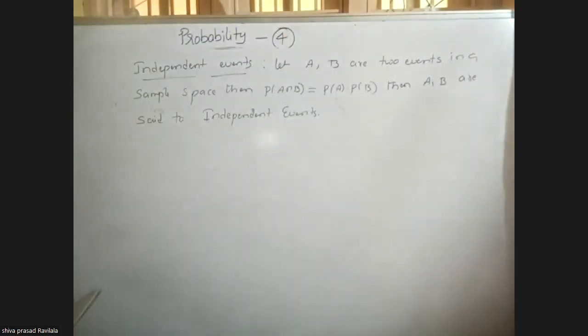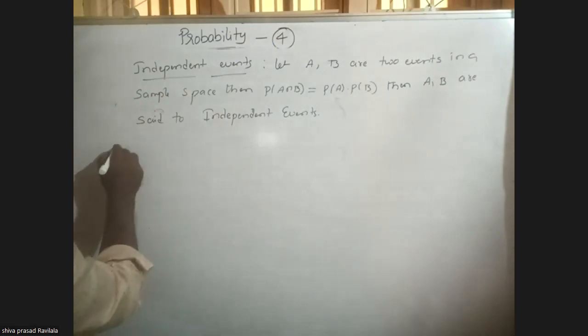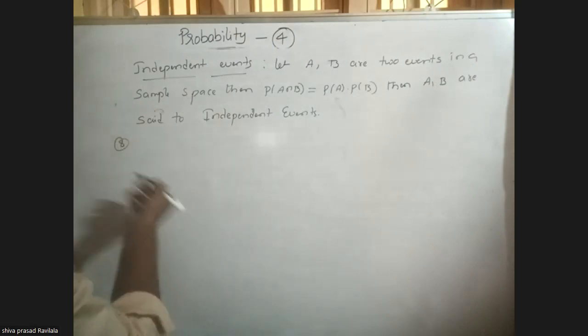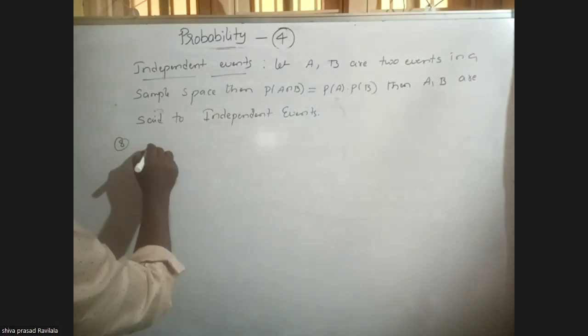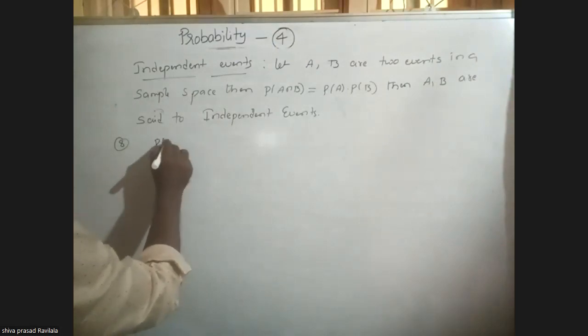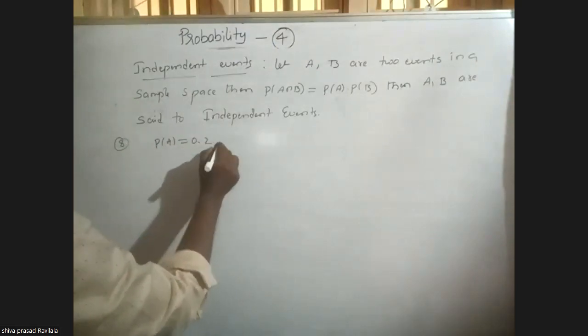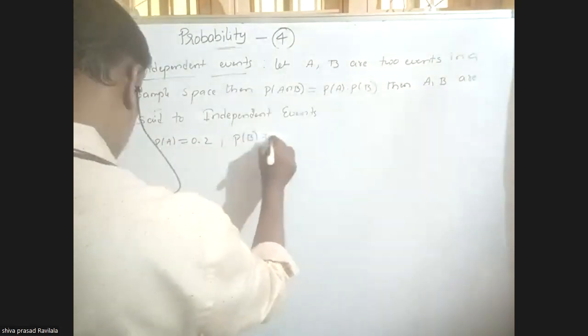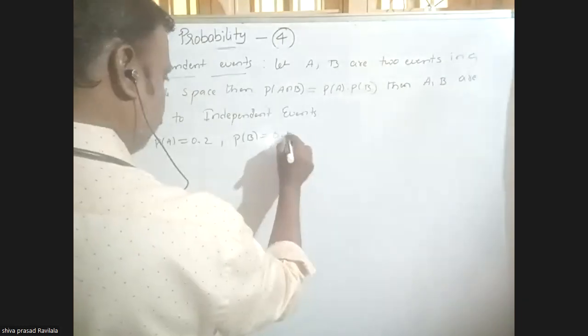You just understand. Let A, B be independent events. They clearly mention that probability of A is equal to 0.2, the given values here, and probability of B is equal to 0.5.